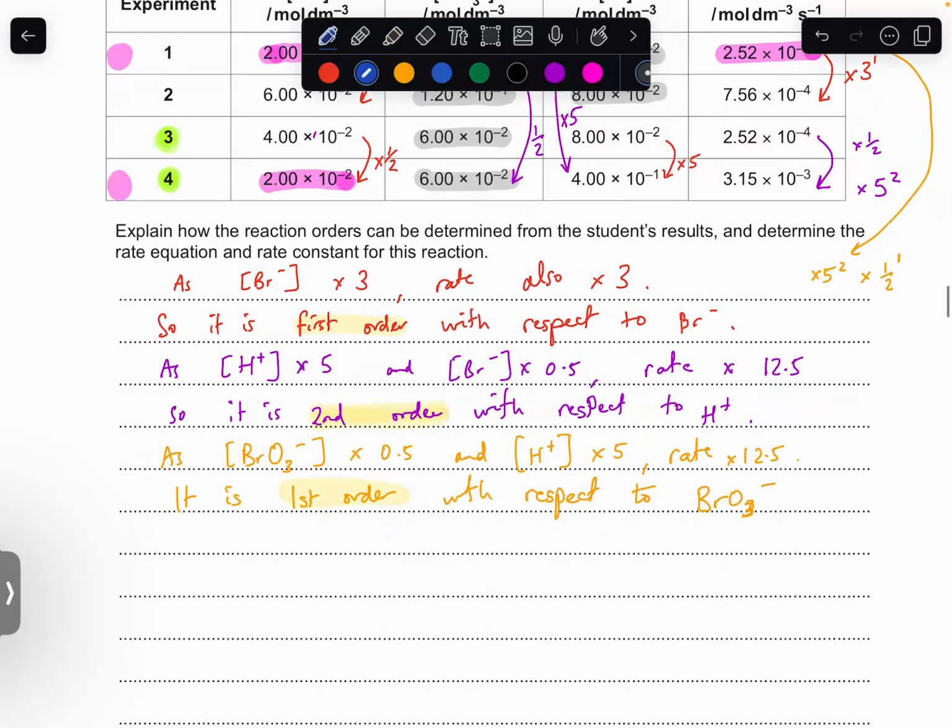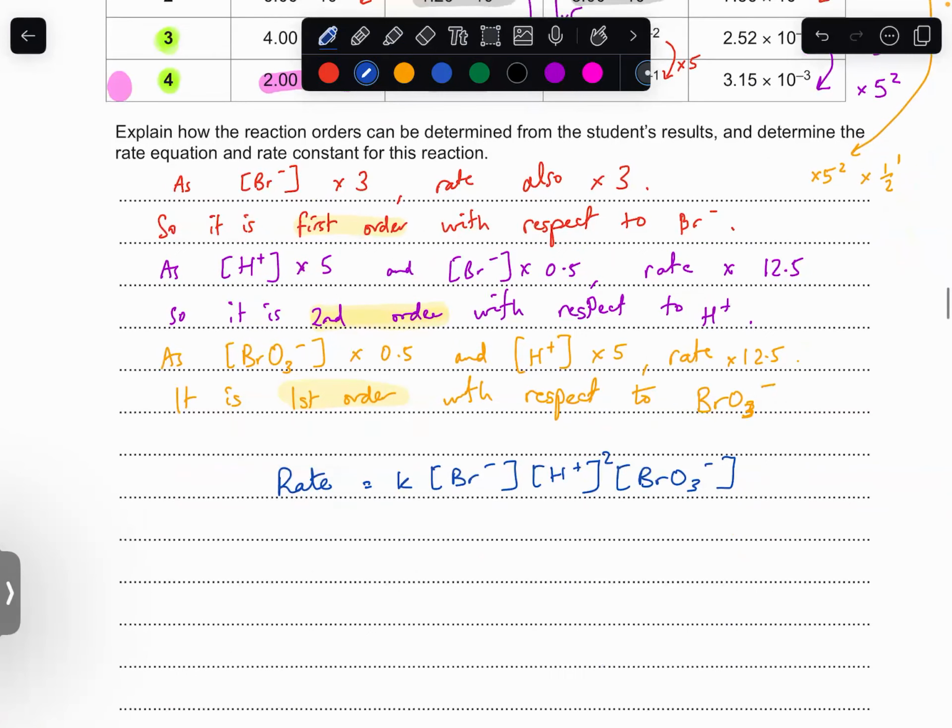The rate equation will be rate equals k, Br minus, H plus, and BrO3 minus. Br minus is first order, H plus is second order, and BrO3 minus is first order. Ladies and gentlemen, you have your rate equation here, and it wants you to work out the value of k.